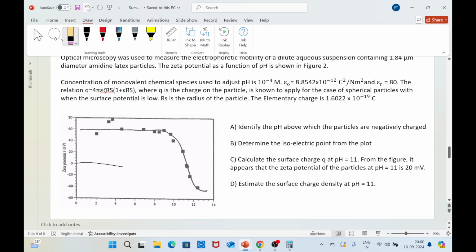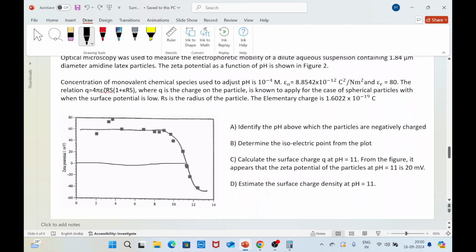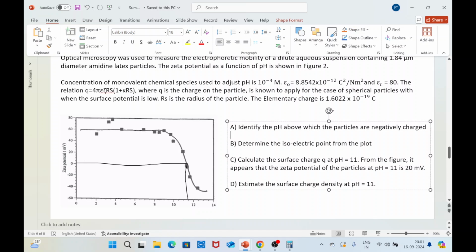You draw a horizontal line at zeta potential equal to 0, and from there you drop a vertical line. So it's just about using the graph to read the value. If you draw properly and check, it will be somewhere around 11.4 or 11.5.